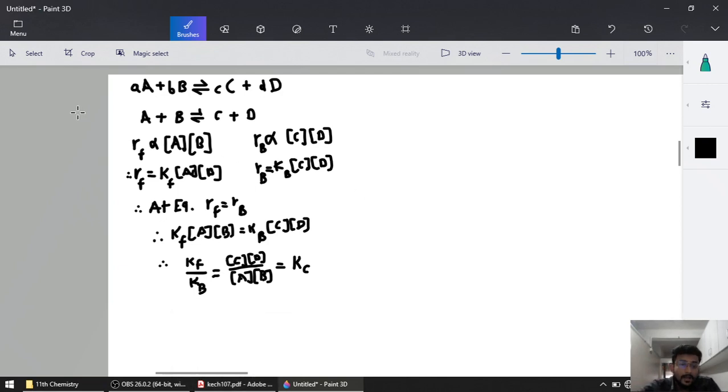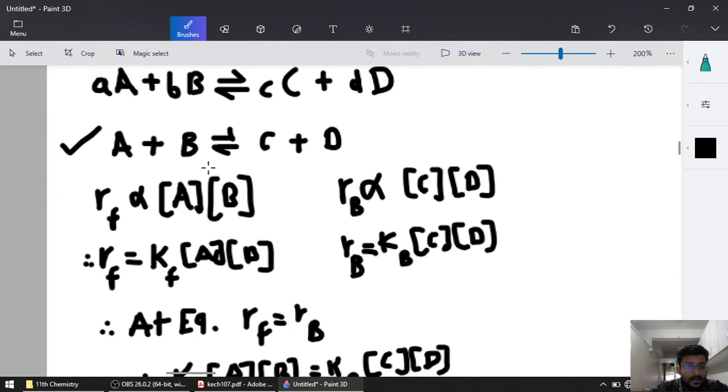Now this was our reaction and all the moles were 1. Suppose a reaction has been considered, then mole will be the power. A has a moles, that's why A raised to a and B raised to b. Likewise, C raised to c and D raised to d, because number of moles will be the power of concentration.